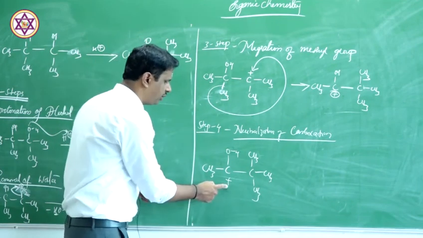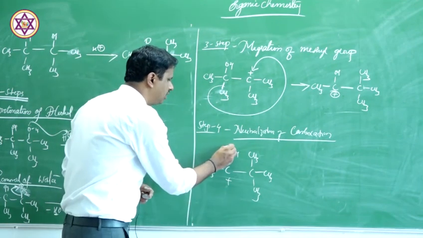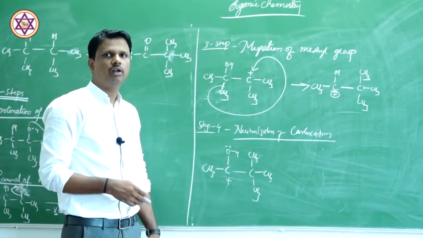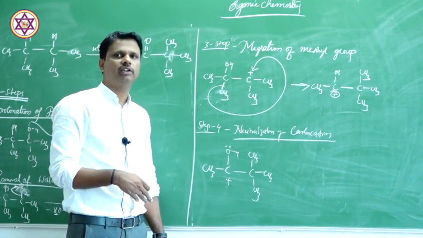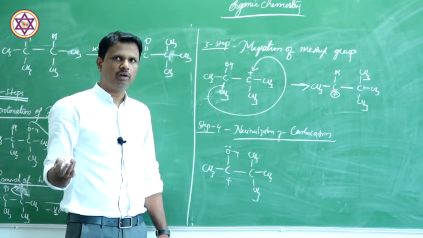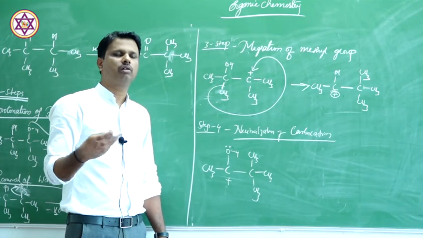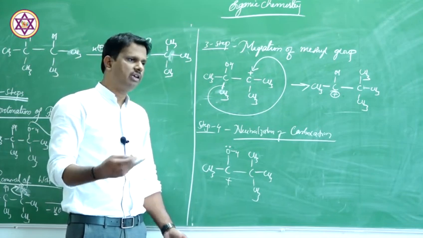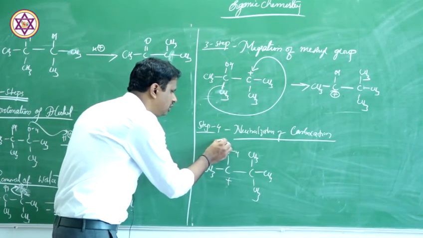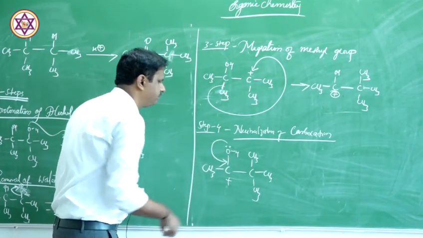So what happens, there is a positive charge here. We know that oxygen is a plus M group, that is, it donates electrons, because we already studied in the earlier class that if a positive charge is next to a double bond, or next to a compound containing a lone pair, it gets balanced. So in this case, this oxygen donates electrons here.